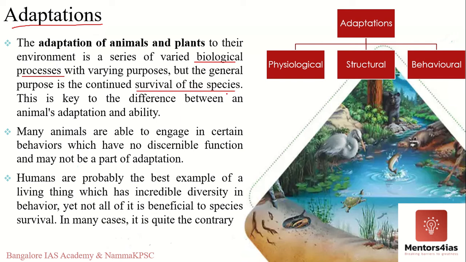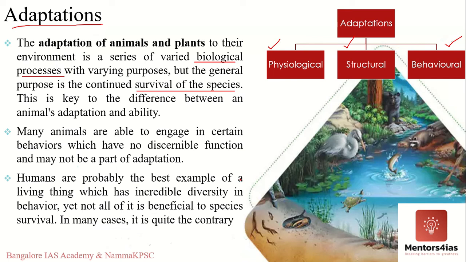So, this adaptation may be with respect to the structure, the physiology, the genetics, the locomotion, the defense, attack, reproduction, development, etc. What we'll do is go through some of the adaptations which are seen in nature.